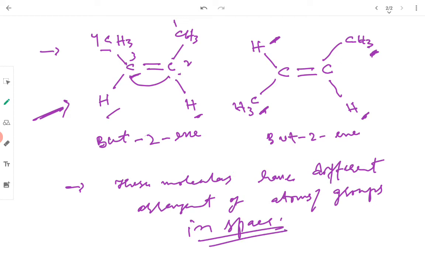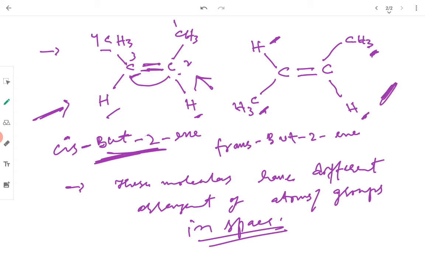You can see in this compound, we'll call it cis-butene. It's known as trans-butene. In the cis compound, in this stereoisomer, you can see similar groups on the same side of the carbon-carbon double bond. That's why it's known as cis.